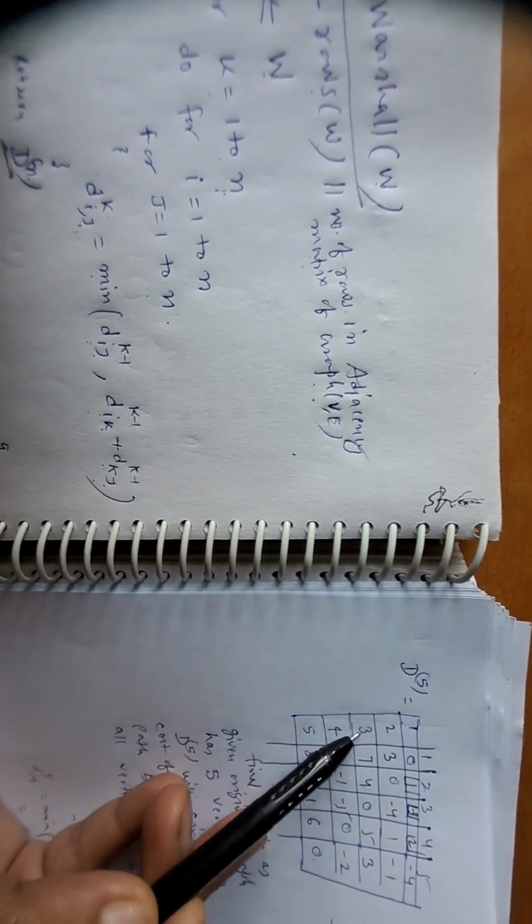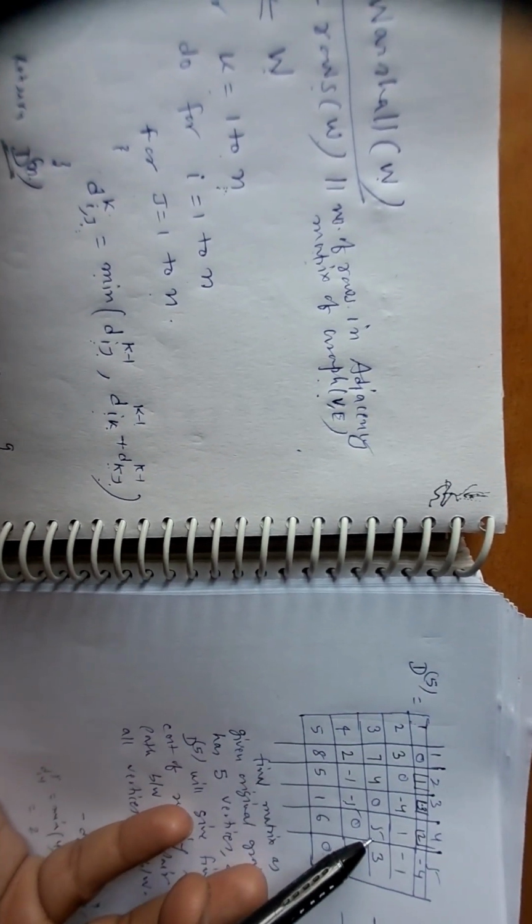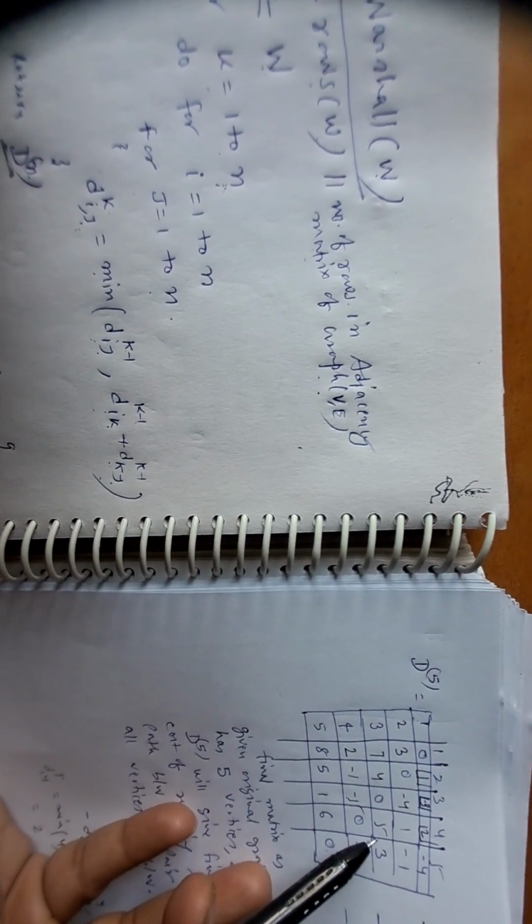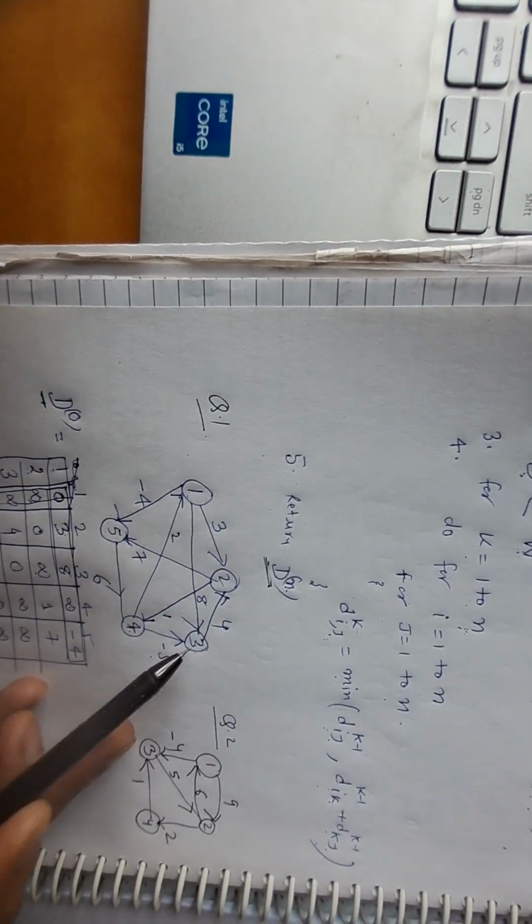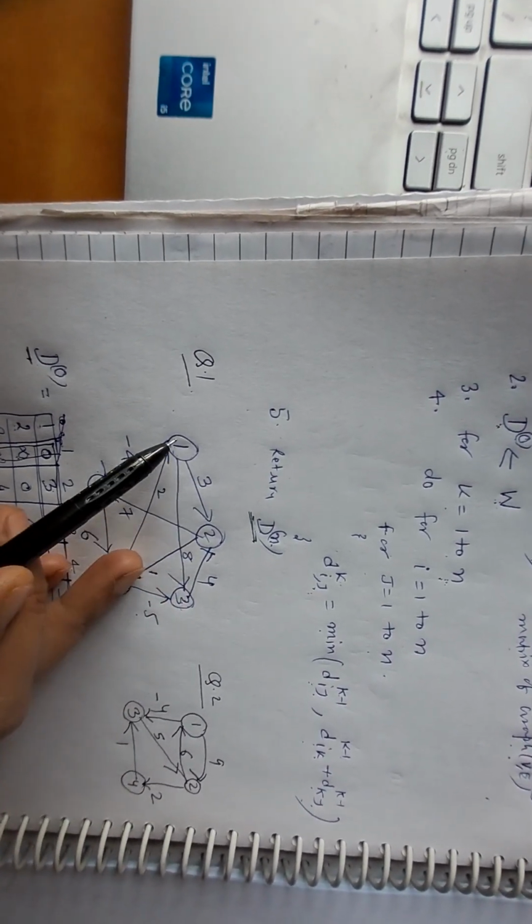Similarly, for other things you can interpret. In order to reach from, let's say, 3 to 4, the answer is written as 5. So you can see there is no direct path between 3 to 4, but indirectly if you move, you can reach at a cost of 5.